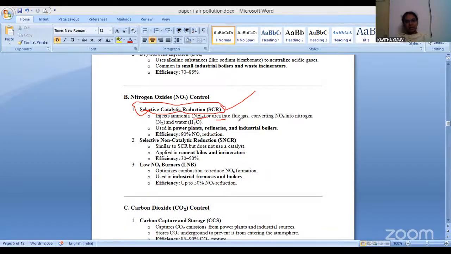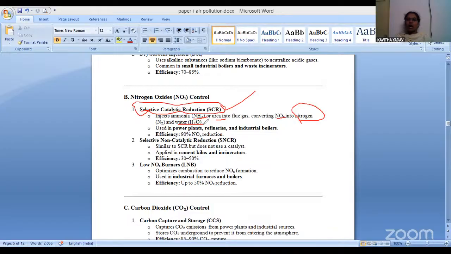It may be a dirty gas. Then what will happen? These catalytic reactants, that is the ammonia as well as the urea, are going to react with the flue gas and convert the nitrogen NOx compounds into nitrogen as well as water.